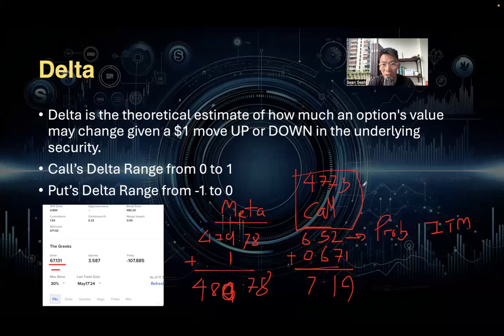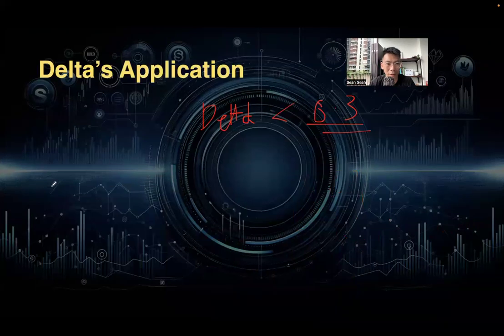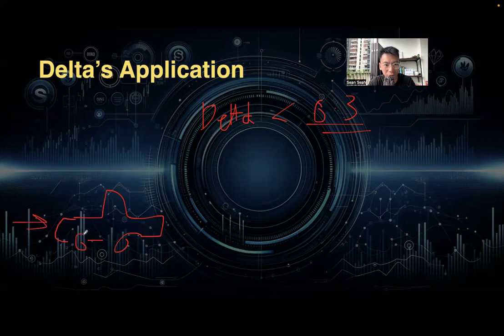However, delta is like the speed of this particular option price increasing. Let me explain with an example of a car. A car is driving really fast, and we have a speed camera.